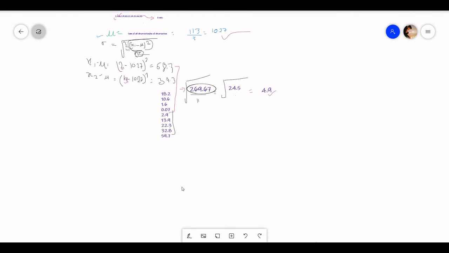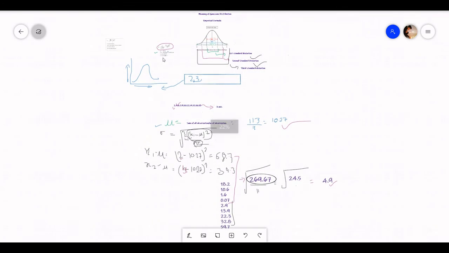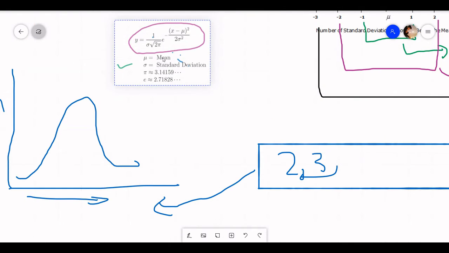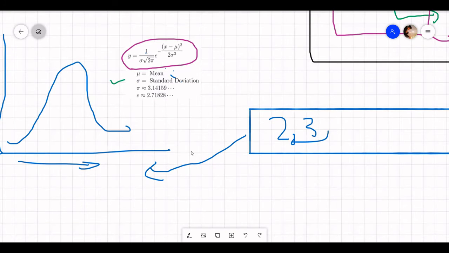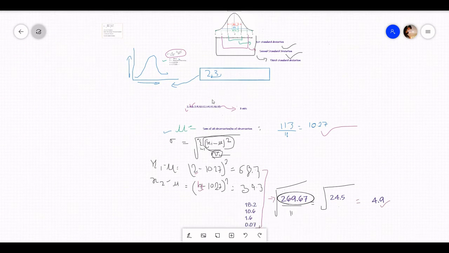After finding this, we finally have to use this formula to find the y axis with respect to our x axis.